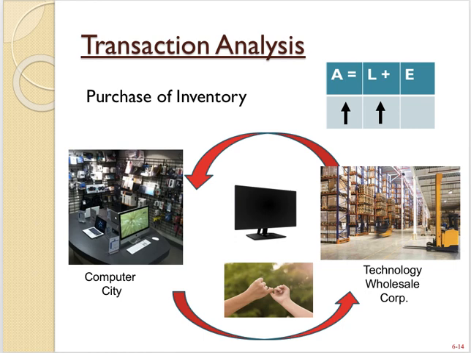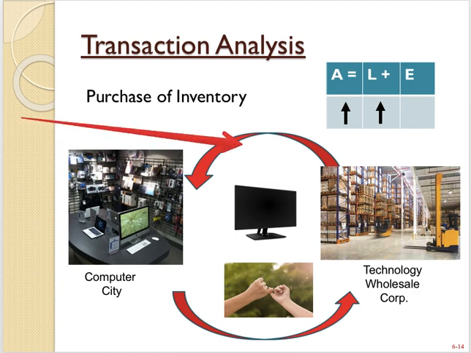With the purchase of inventory, Computer City looks like a retailer, because they have a nice display set up, different computers that the customers can come in and test out. There's not a huge quantity of items, just enough on the store shelves to serve their customers' needs.